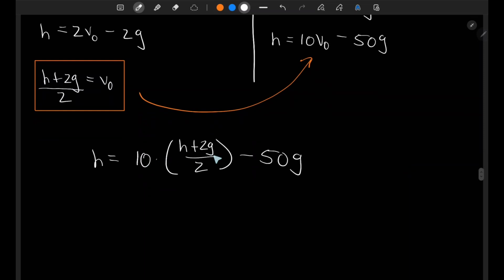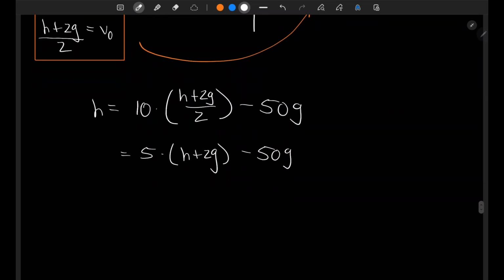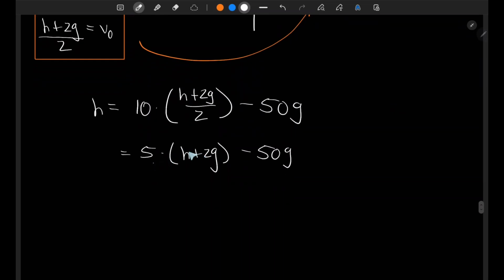Multiplying out, 10 divided by 2 is 5, so this is equal to 5 times h plus 2g minus 50g. Multiplying the 5 into both terms, this becomes 5h plus 10g minus 50g.